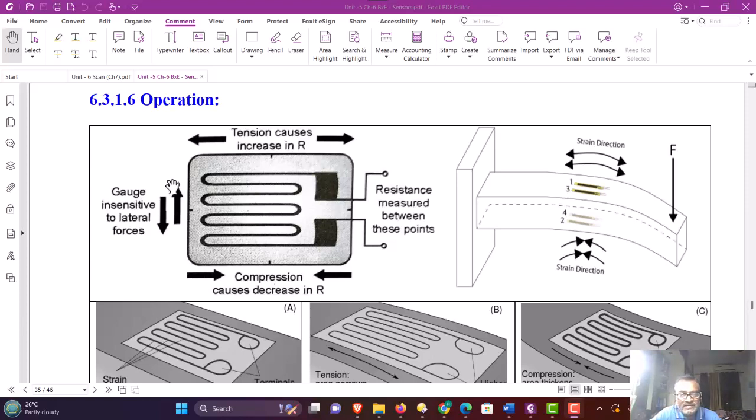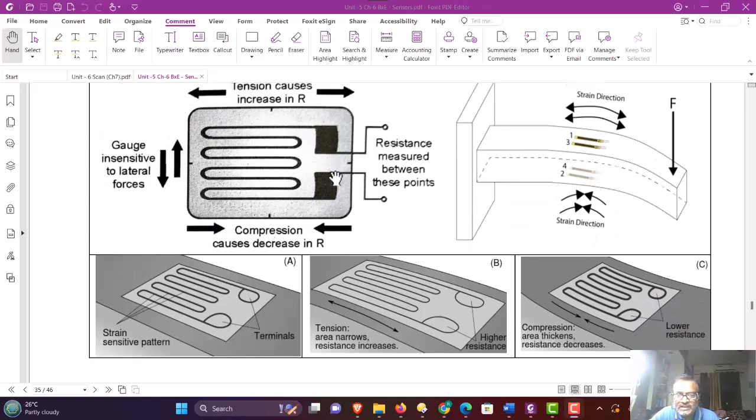The external strain or force applied is called tension, or it can be in the form of compression. When it is a tensile force, the wire length will increase and the resistance is increased. If it is a compressive force, that causes the wire length to reduce and therefore the resistance will decrease.